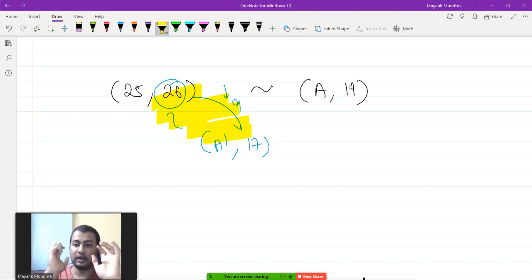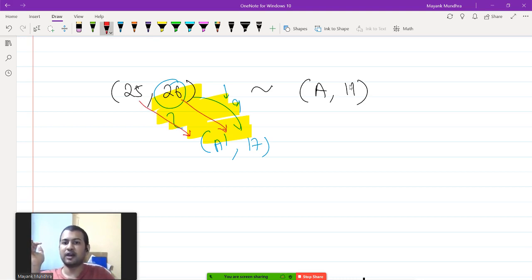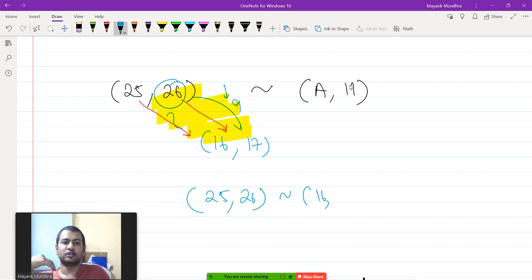bananas become a bad. So if you are reducing the bananas from 26 to 17, you can also reduce the number of apples by the same amount. So A prime becomes equal to 16. Okay, so you are going to be indifferent between 25, 26 and 16, 17.